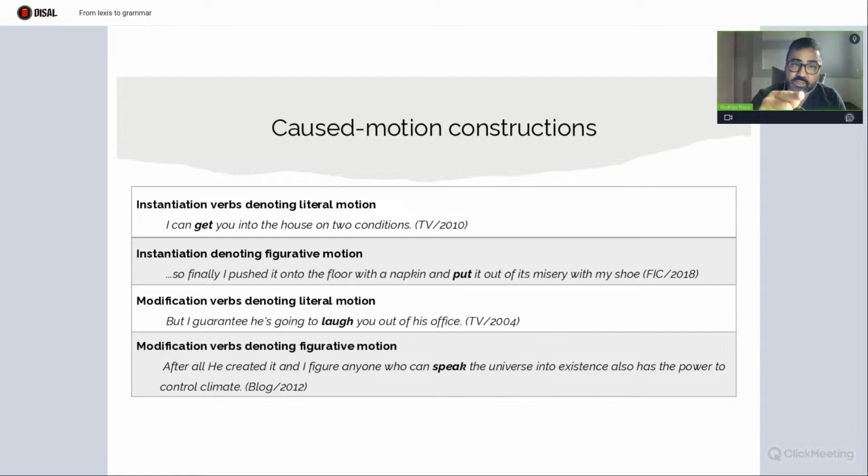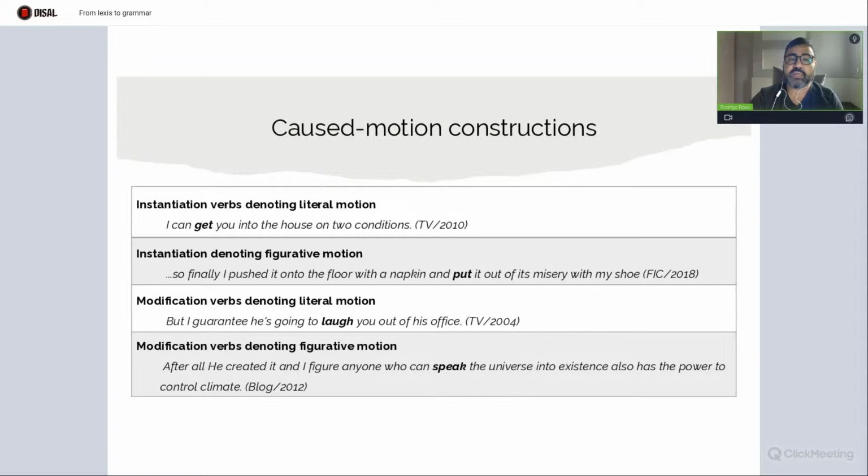So you can get something or someone into a place, right? This is already predicted by the meaning of the verb. So the meaning of the verb makes it possible for you to express this idea of caused motion. Is that all right?